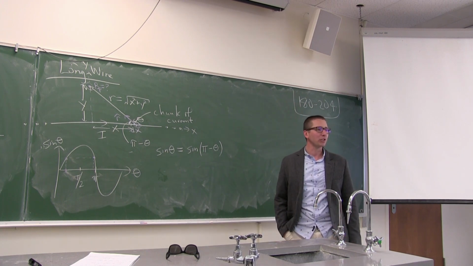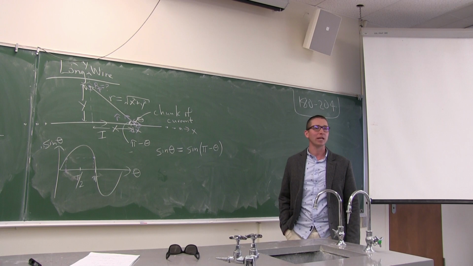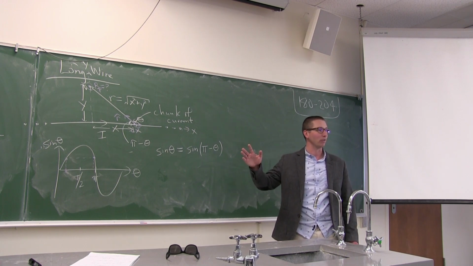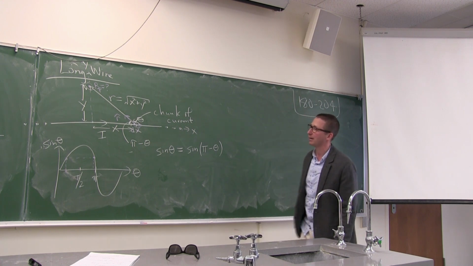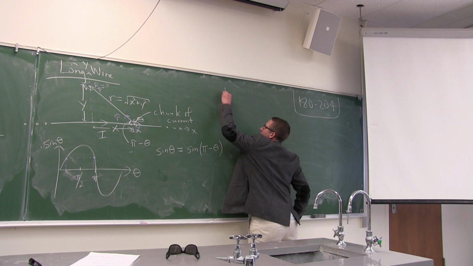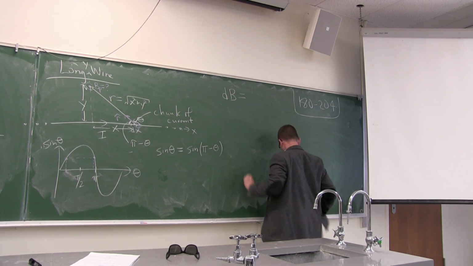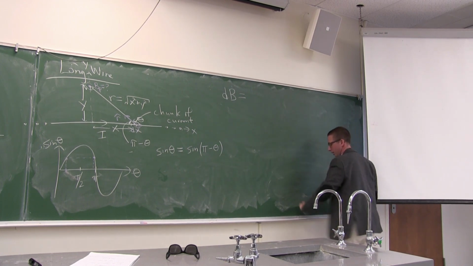So this is just geometry so far. We're just sketching out our configuration. It's always important to add a coordinate system, label your angles, label your distances, and now it's really just mathematics that takes over. If we set our problem up correctly, we just plug in the numbers. So the small magnetic field due to a little chunk of current is just mu naught over 4 pi.